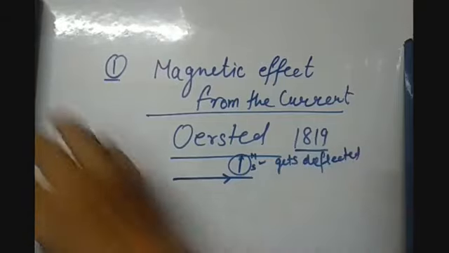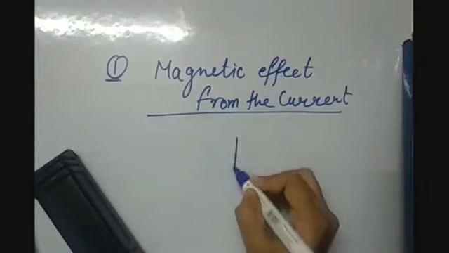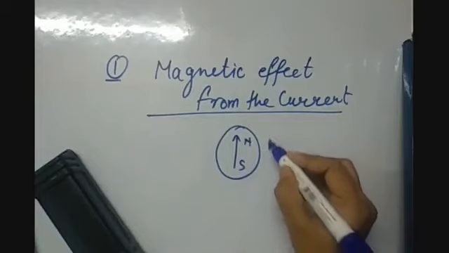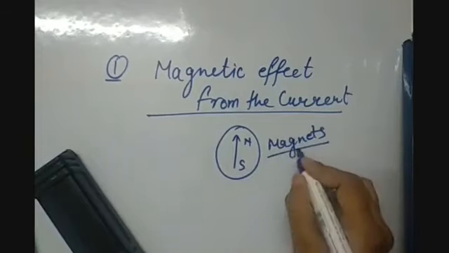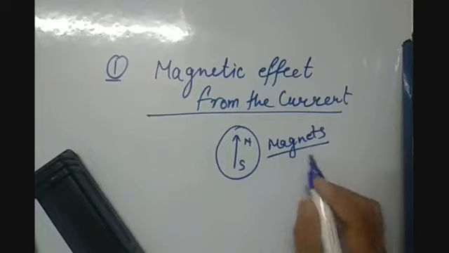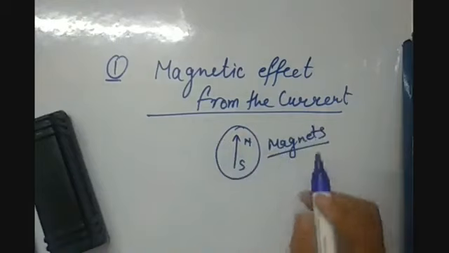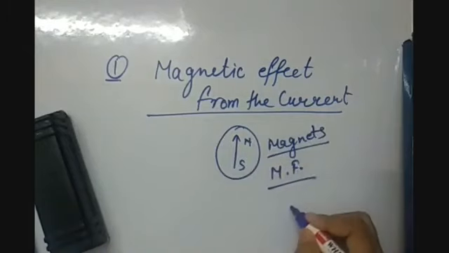And we already know that magnetic needle or magnetic compass is actually a small magnet which only gets deflected because of the effect of magnetic field around it.